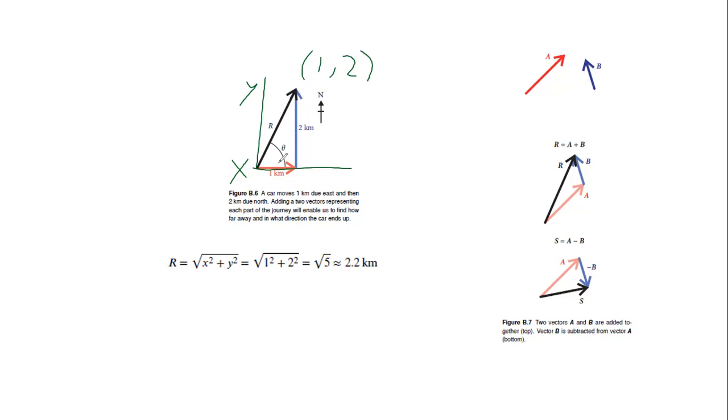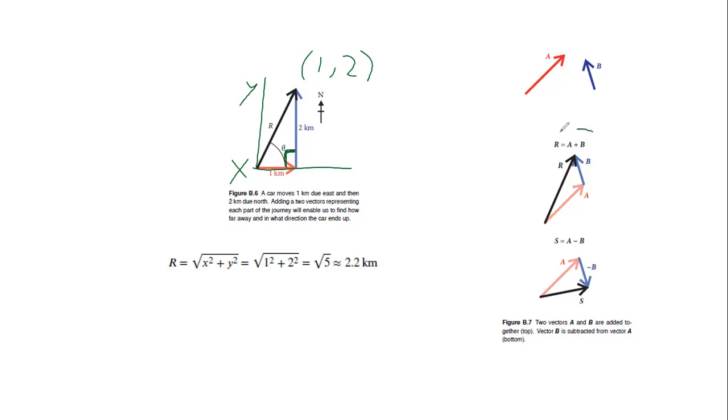Well, we've already done this before. This is classic a squared plus b squared equals c squared, right? And that's classic and standard for dealing with right triangles. We're going to be dealing with more than right triangles.